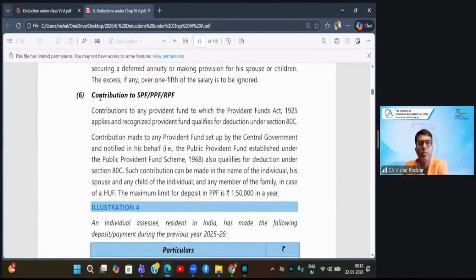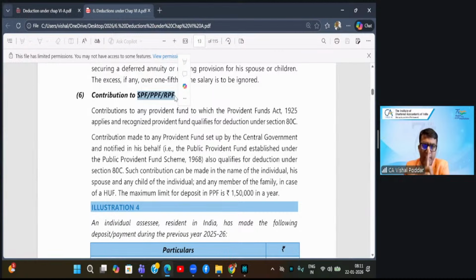Now coming to the sixth point. Here you have studied this in salary. As an employee, you have to take a provident fund, which may be, if you are a government employee, SPF. If you are a private employee, it is only provident fund. And if that provident fund is created as per income tax law, it is RPF. If it is not created as per income tax law, it is URPF. You do not get deduction if the provident fund is URPF.